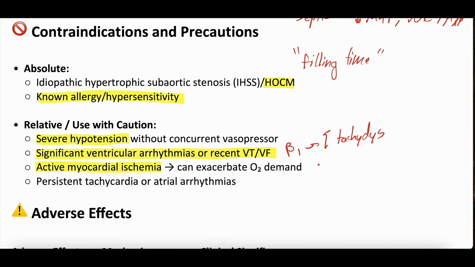If you have someone with active myocardial ischemia, giving them dobutamine, you might have to, right? You might have to give it to them to help them survive, but it will worsen their myocardial ischemia because you're asking that muscle to work overtime, and it increases that muscle's oxygen demand, and they might not always get enough blood flow to satisfy that oxygen demand.